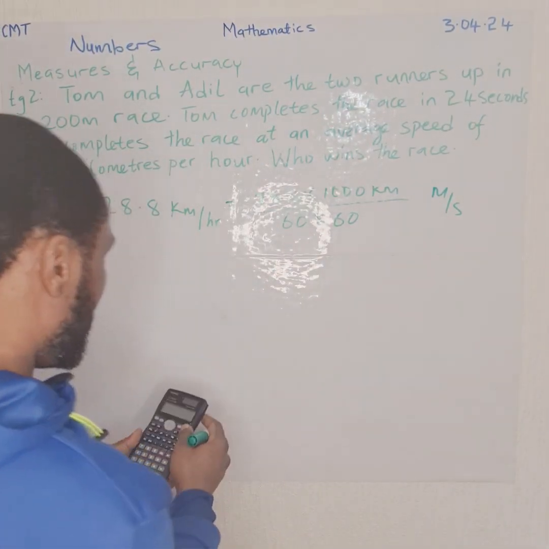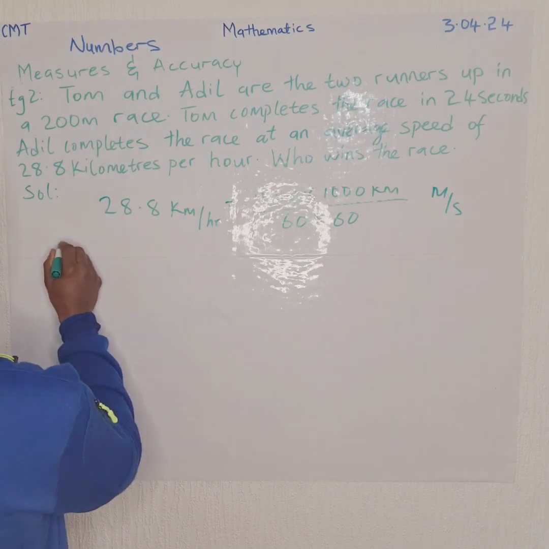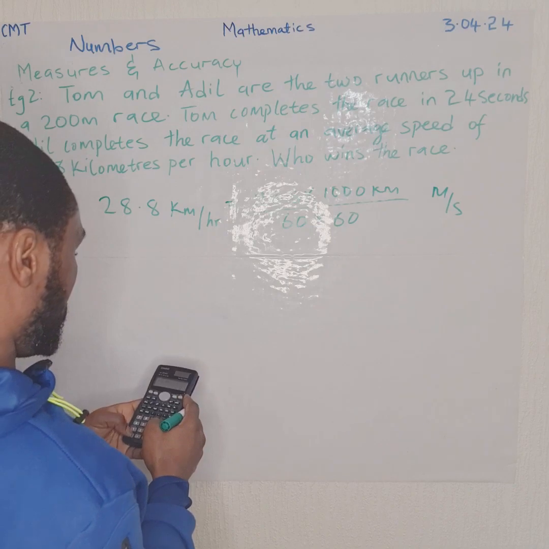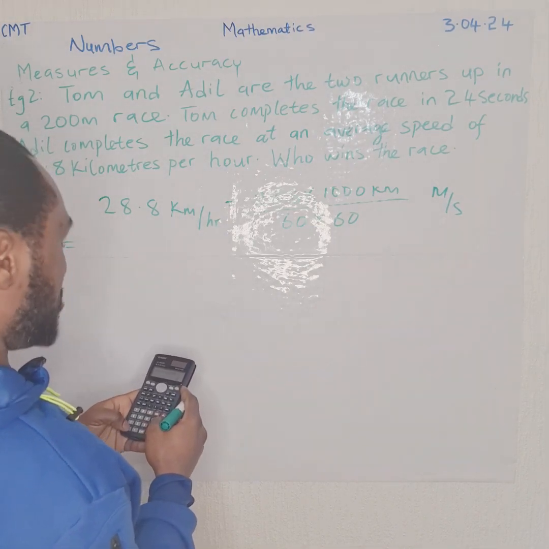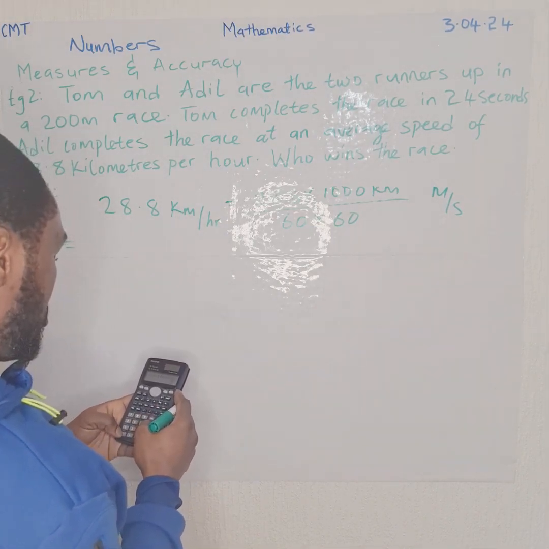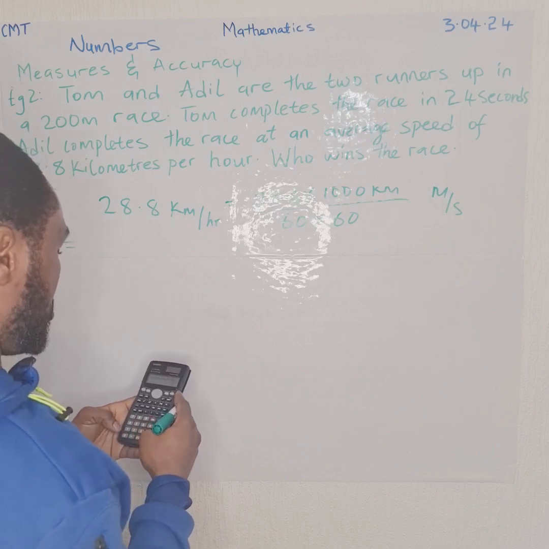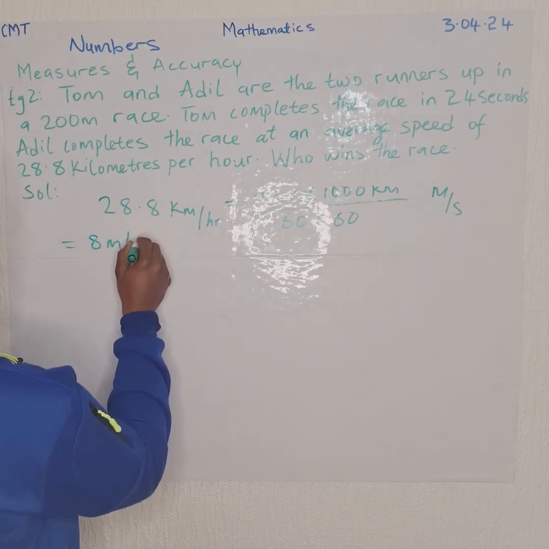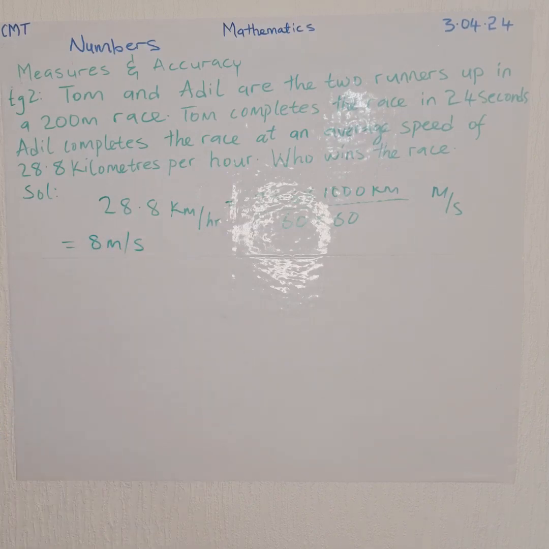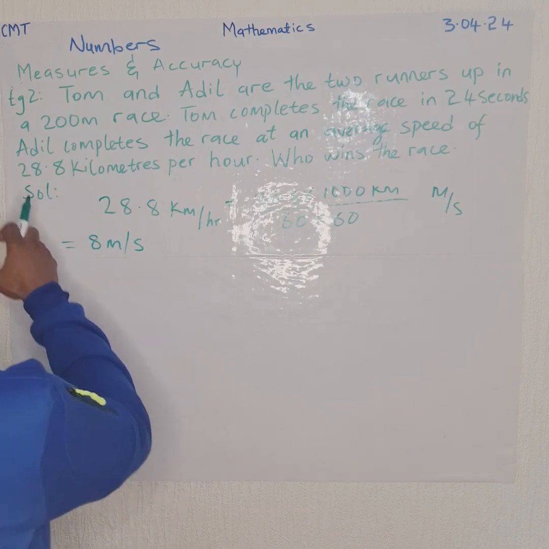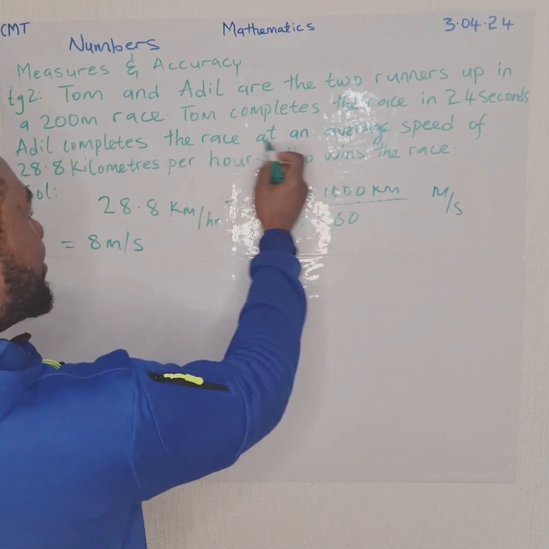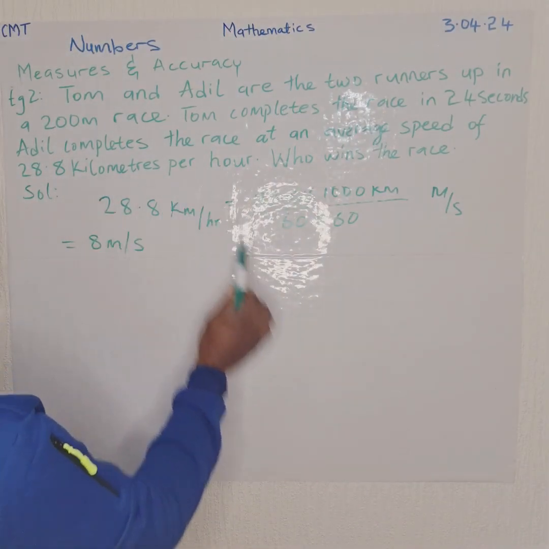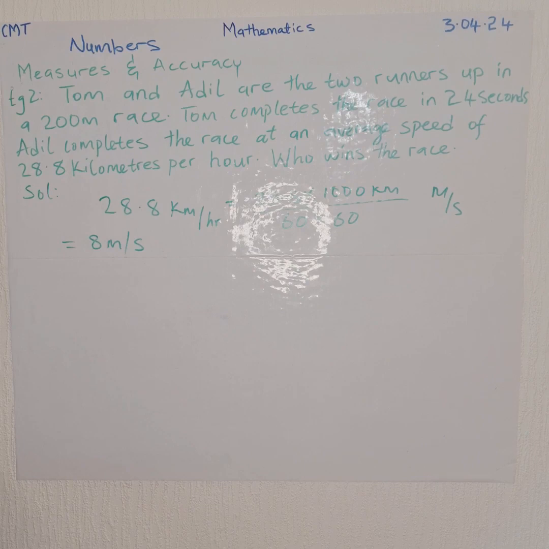All right, let's compute. This will be equal to 8 meter per second. Nice. So Adil completes this race at an average speed of 8 meters per second. Who wins the race?